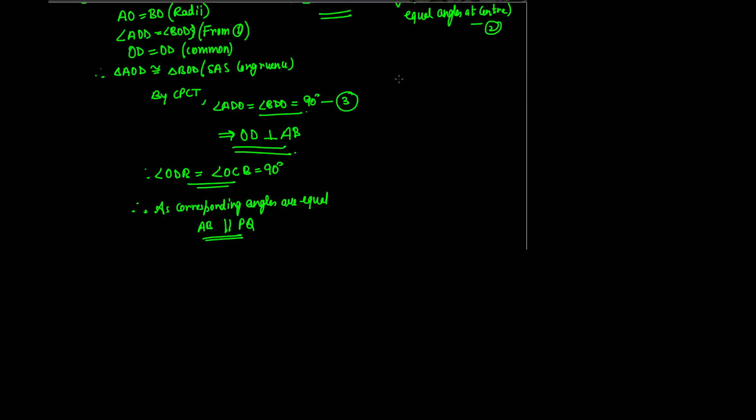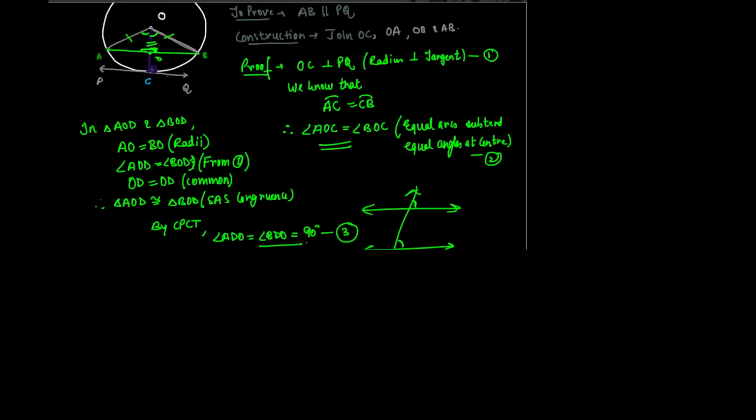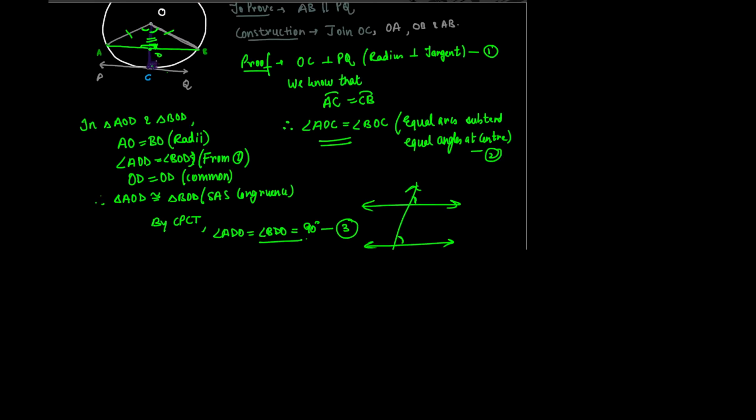Because if you take any two parallel lines, you know that the transversal which passes through them makes two angles, this angle and this angle, which have to be equal, and these two angles are called corresponding angles. Even for two lines that are not parallel, they still form two corresponding angles. But if these two corresponding angles are equal, they have to be parallel lines.